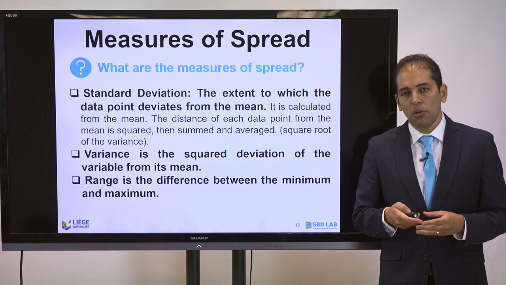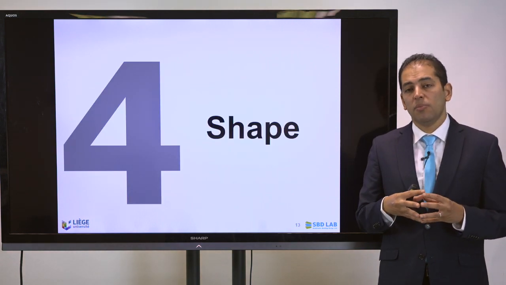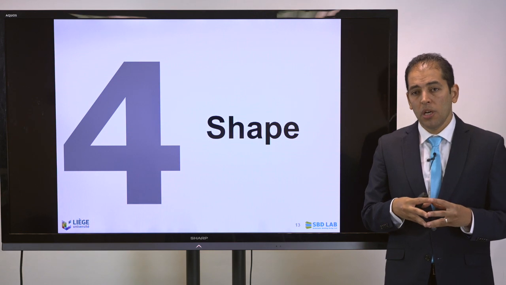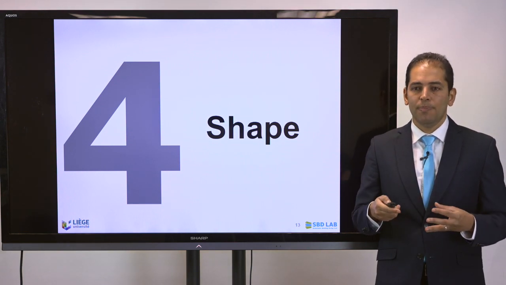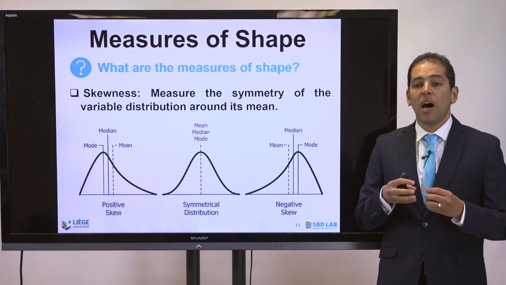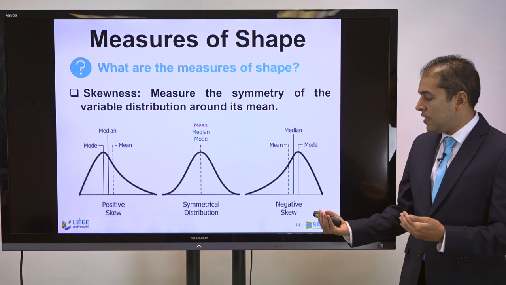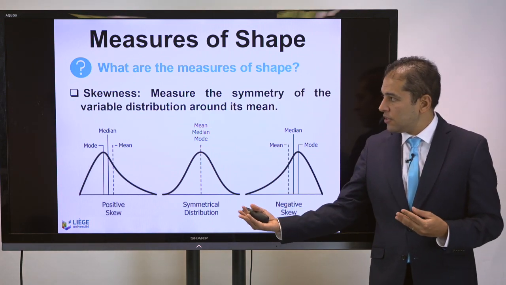Now let's move to the following point, which is another very important type of test as part of the descriptive analysis and characterization work, which is the shape. The shape is a way to define how our data is distributed. Is it symmetrical? Is it negatively skewed? Is it positively skewed?